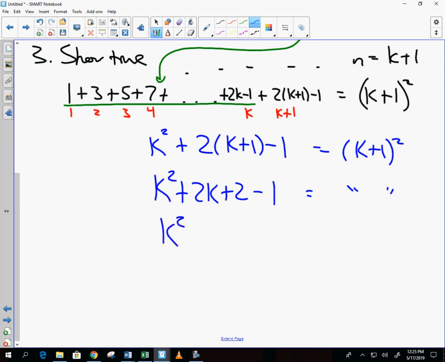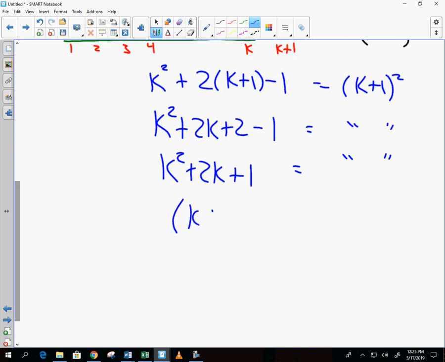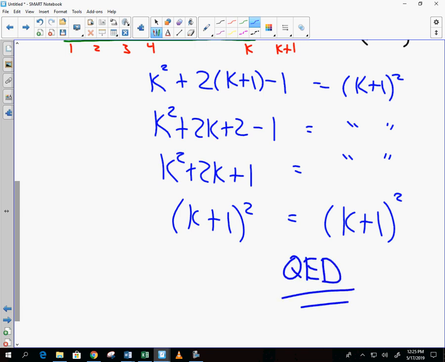Well, that's k squared plus 2k plus 1. It's supposed to be equal to that. Does that factor? Factors to k plus 1 quantity squared. There you have it.